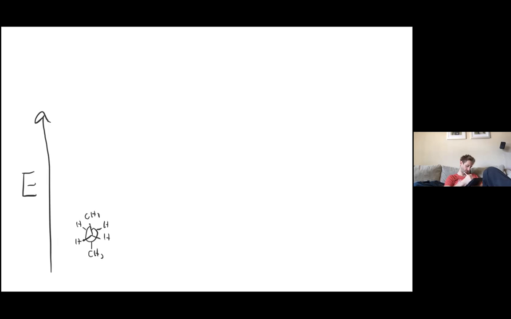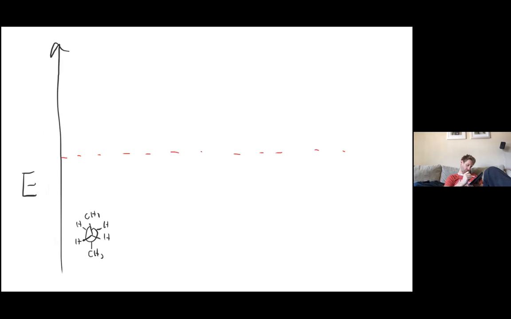I'm going to make a line between our eclipsed and our staggered. So if we're here, we rotate once, we're going to get 2.